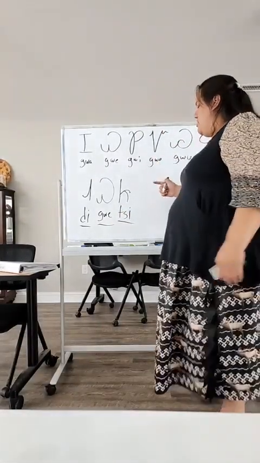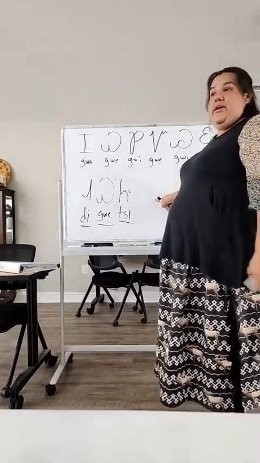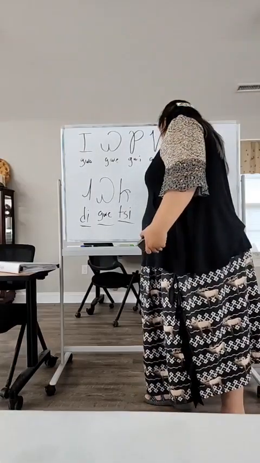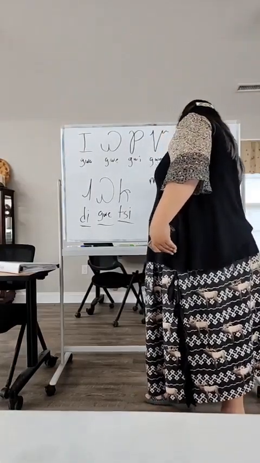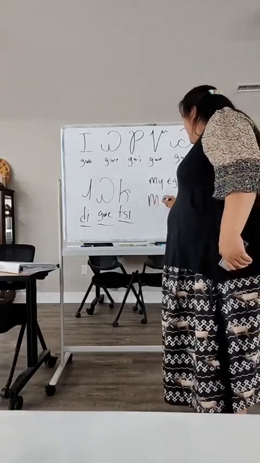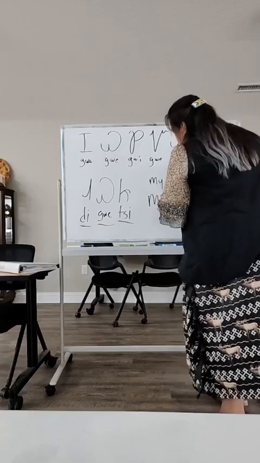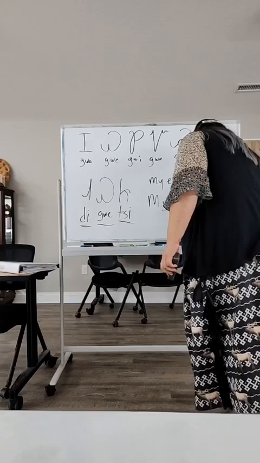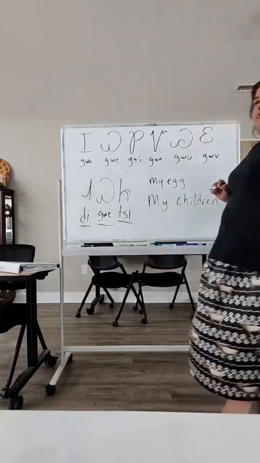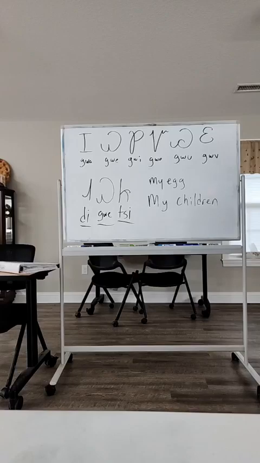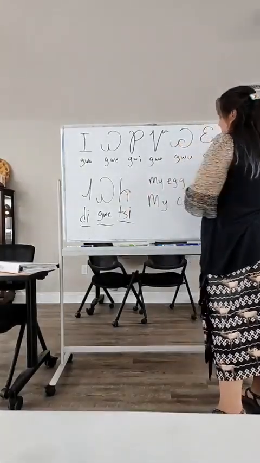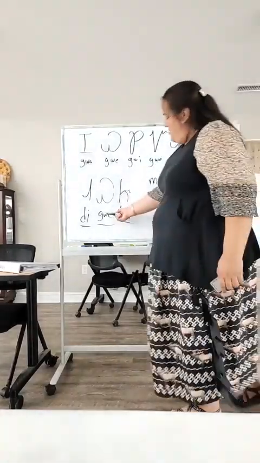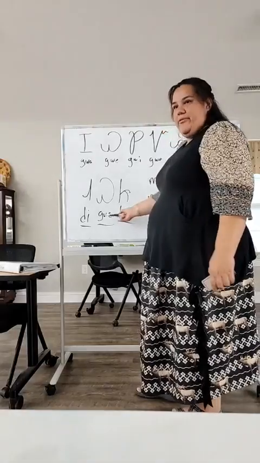Dequage Z. This can translate two ways. Kind of. You can be talking about an egg, my egg, right? Or it also means my children. How do you get my egg out of that? It's just the weights. You're talking about the weight Z right there. That's your egg word, kind of.